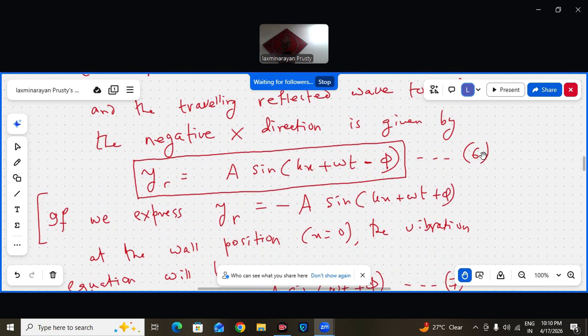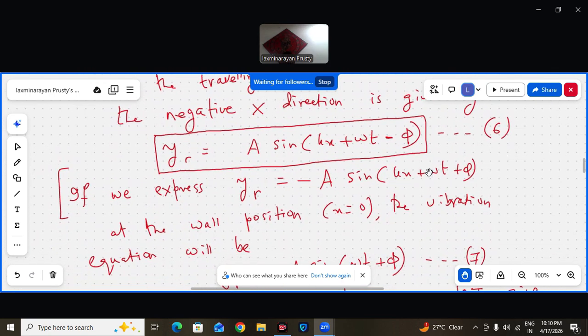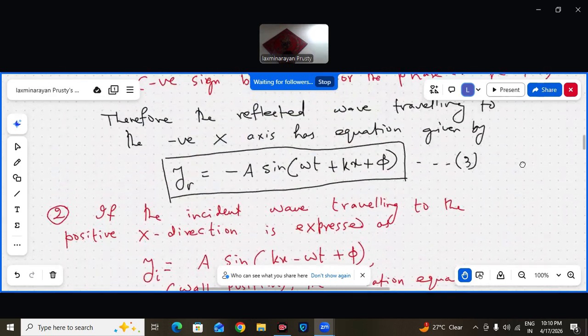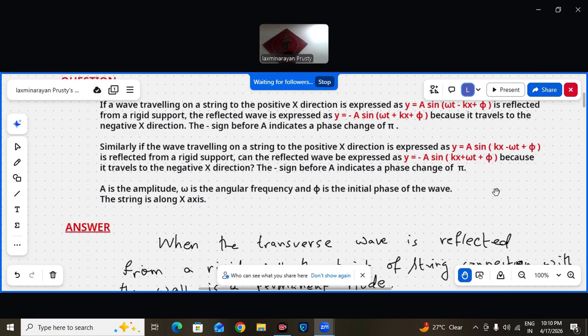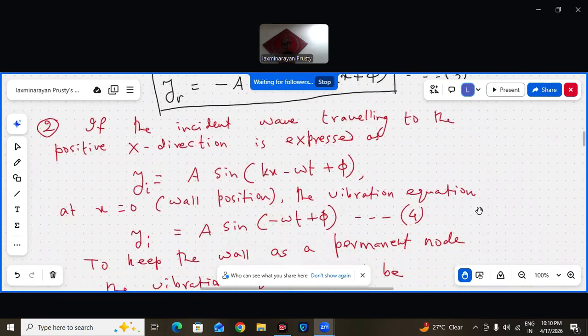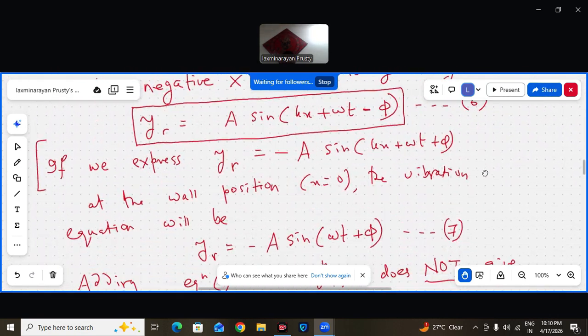Okay. I'm explaining a bit more. If we express yr as minus a sin(kx + ωt + φ), as I gave in the question, then what will happen?